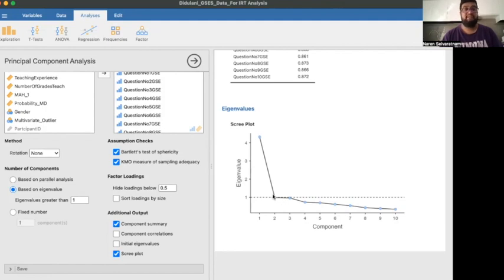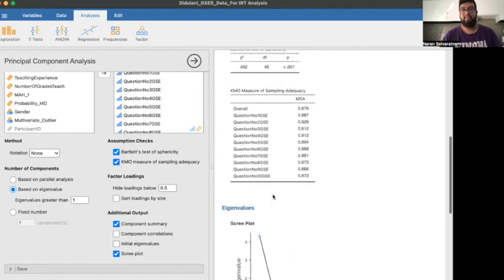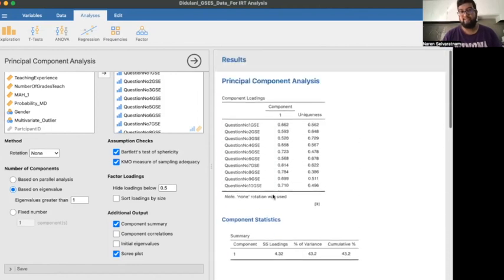So if you run this on SPSS, it will give you a bit of a bigger output for factor analysis, so principal component analysis, where it will show you other components as well. Now, there's something that you have to consider. If you need to retain more than one factor or more than one component, if you have a second component, the second component should have at least 3 loadings under it.